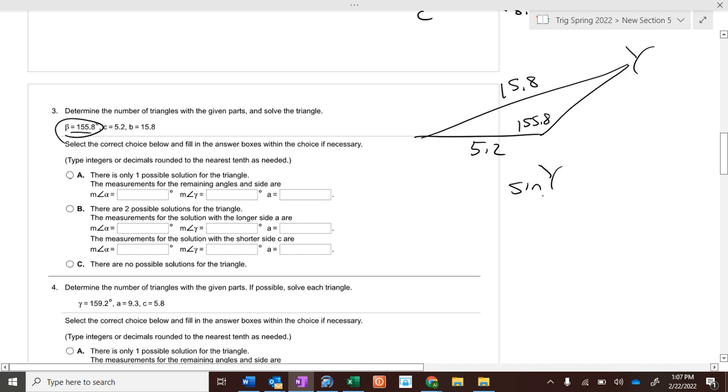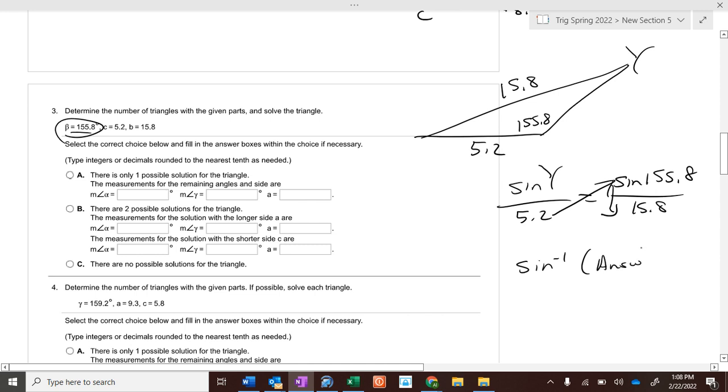The sine of gamma over 5.2 equals the sine of 155.8 over 15.8. So you take this times this divided by this, hit equals, and then do inverse sine of the answer, press equals, and you get what this angle is. And once you have two angles, then you can find the third angle and use law of sines again. Okay?